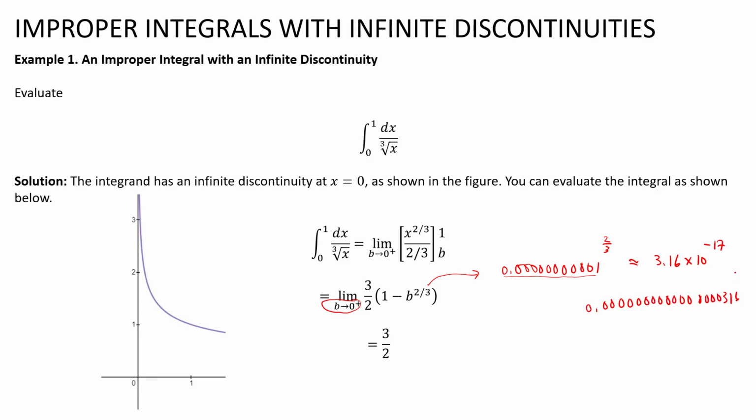Then multiply it by 2/3, by 3/2, so it gets even smaller. That's just approximately equal to 0. That's why you can take this one out. Then what is left is 3/2.